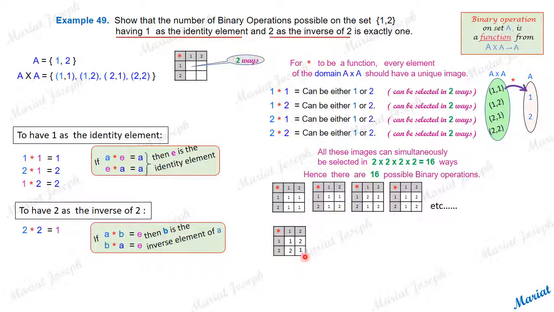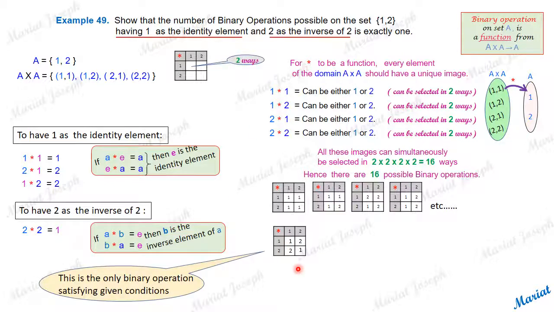Okay. So we have filled all the 4 places. All 4 places had some or other specification. So we kept on choosing the elements according to the specifications given to us. First 3 went by this condition. The last one went by this condition. So we filled all the 4 places in only one way. This is the only binary operation that will satisfy all the given conditions.